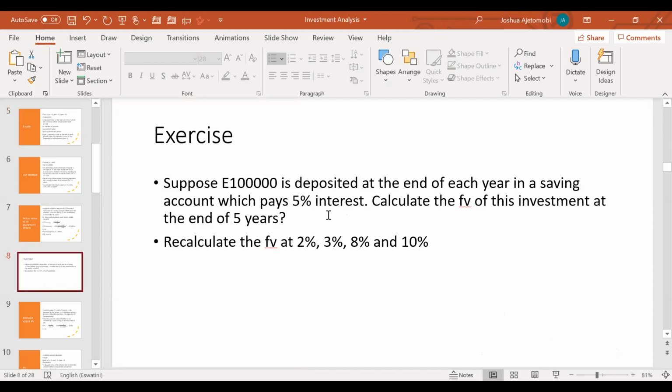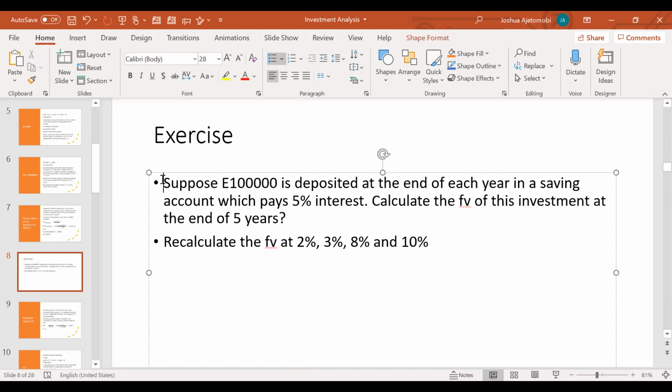No, it's fine, Prof. I found it for the exercise. Yes, for the exercise it is 5% for a start. Then you will now recalculate at 2%, 3%, 8%, and 10%.